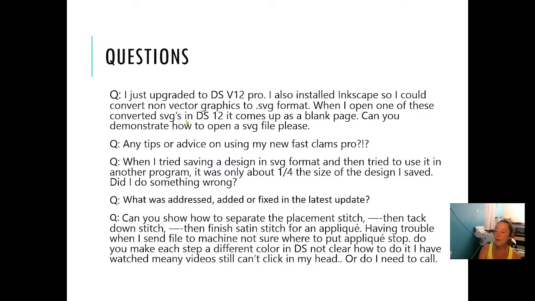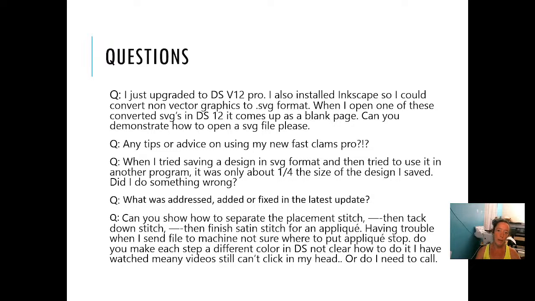All right. So I just upgraded to DesignShop V12. I also installed Inkscape so I could convert non-vector graphics to SVG. When I opened one of these, it comes up as a blank page. So with SVGs, when you open a raster graphic, unless you convert it into vectors by drawing the shapes, if you just open it and say save as SVG, it's not going to save anything that's openable.